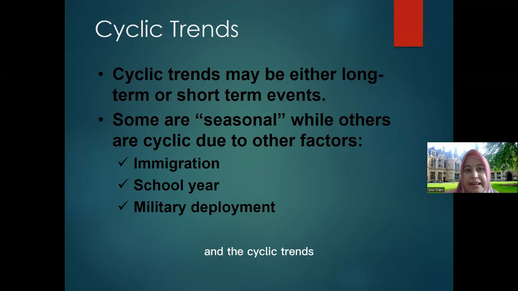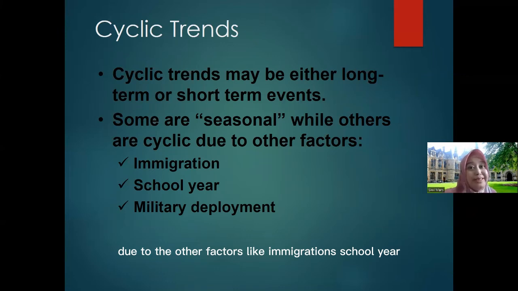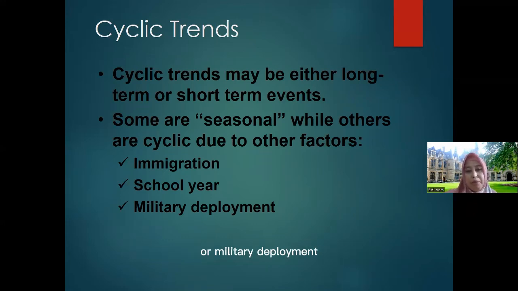And cyclic trends may be long term or short term also. Some are seasonal, while others are cyclic due to other factors like immigration, the school year, maybe diseases related to children, or military deployment.